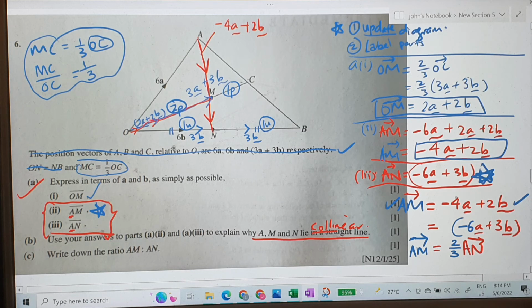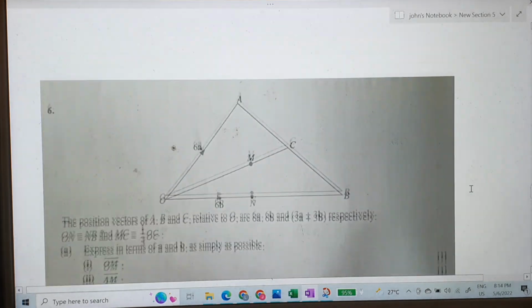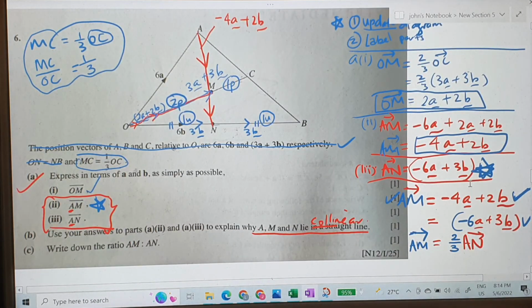Now, I want this line to be equal to this line, right? I repeat. I want this line to be equal to this line. Right now, they are not equal. How can minus 4a be equal to minus 6a? Cannot, right? So the only way to make them equal is to multiply by a constant here. I don't want the 6, I divide by 6.